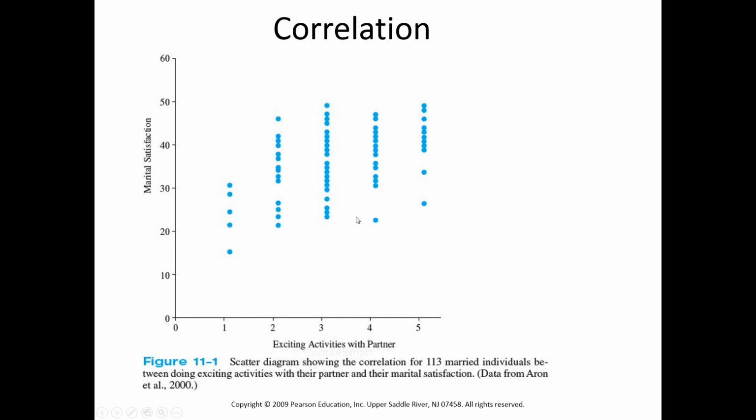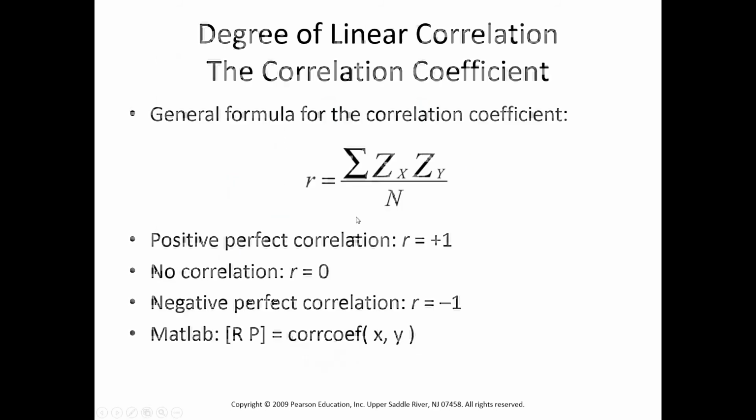How is the correlation coefficient calculated? I like this definition: you convert the values in the first variable to z-scores, and independently you convert the values in the second variable to z-scores, and now you multiply the values in the first variable by the second, sum it up, and divide by the number of samples.